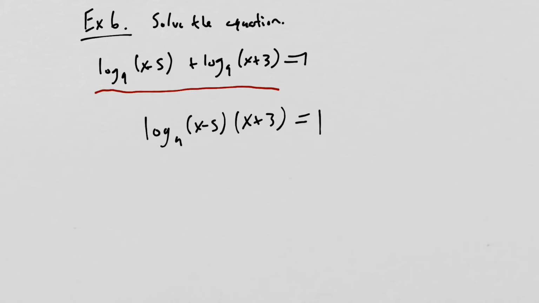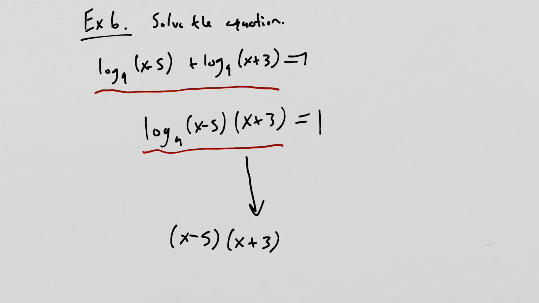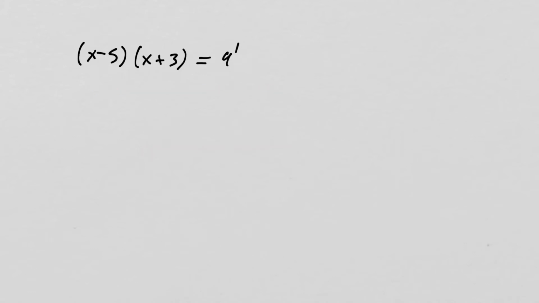Now, one thing that we know is that we have the logarithm of some number here, and this is equal to 1. Let's rewrite this equation as an exponential. Equivalently, we can rewrite this as x minus 5 times x plus 3 is equal to 9 raised to the 1. Let's start a new page real fast. Now, on the left-hand side, let's multiply out.